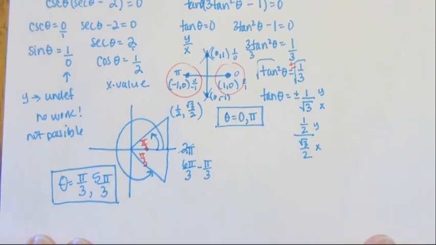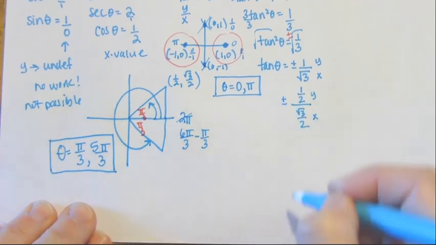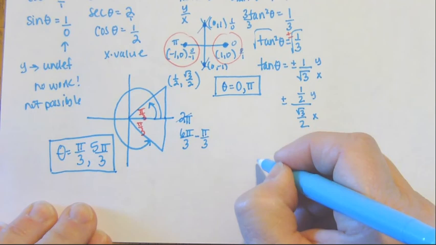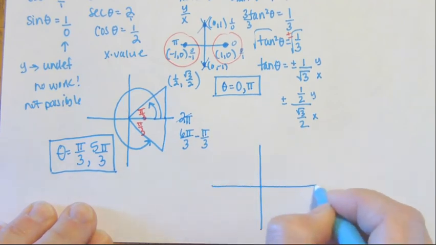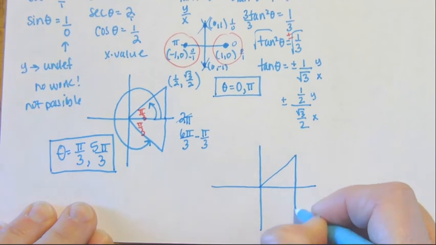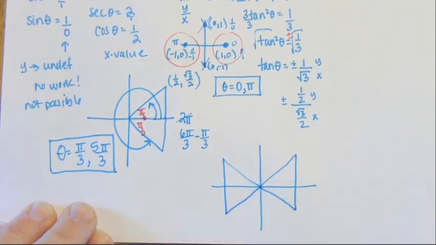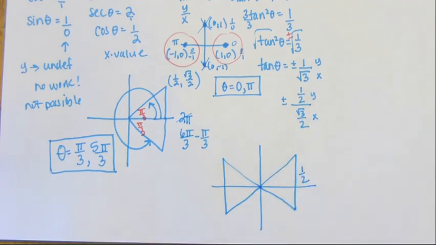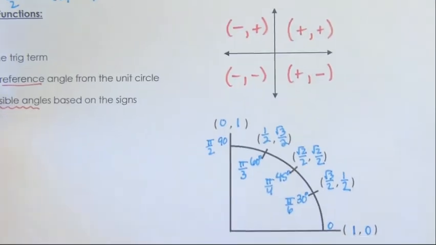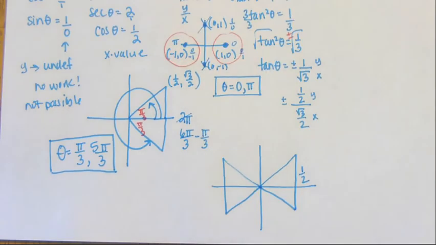All right, so let me graph this. Remember, it's plus or minus, so I'm going to have to make all 4 of those, the whole bow tie. All right, so once you get all 4 of your triangles, I know my y is 1/2. If the y value is 1/2, that means we're going to have a 30-degree angle, or pi over 6.